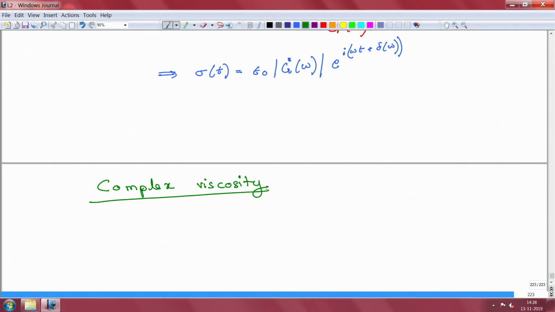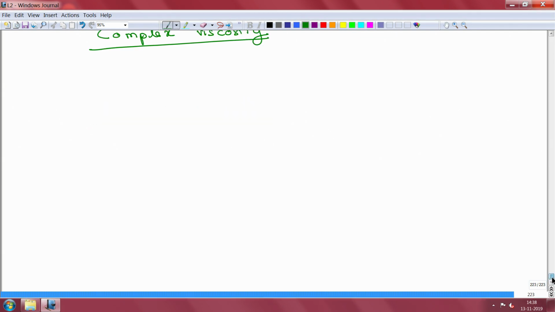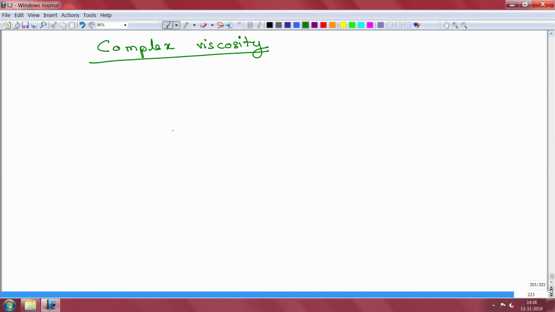Another term that you are very likely to find in literature is the term called complex viscosity, okay. And this is very much related to the equations that we just derived. So, let us use the idea of the Kelvin-Voigt model. Okay.